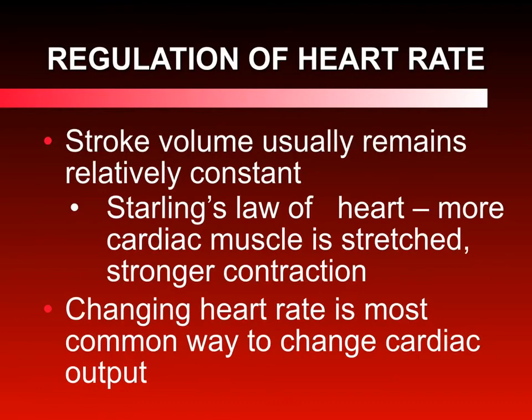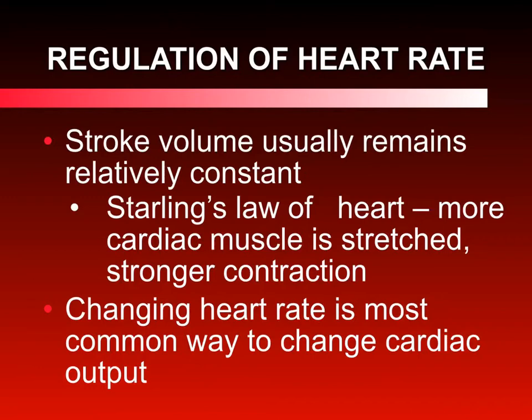Starling's law is basically that the more the heart muscles can stretch, the stronger the contraction they can create. But cardiac muscle has a limit to how much it can stretch and how forcefully it can contract.